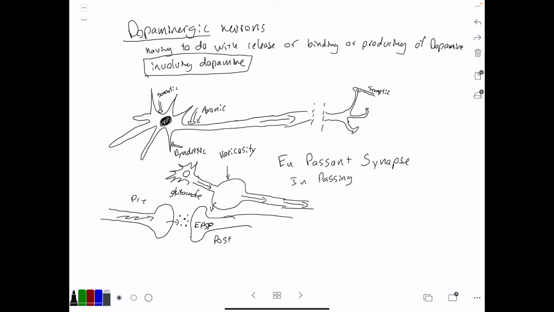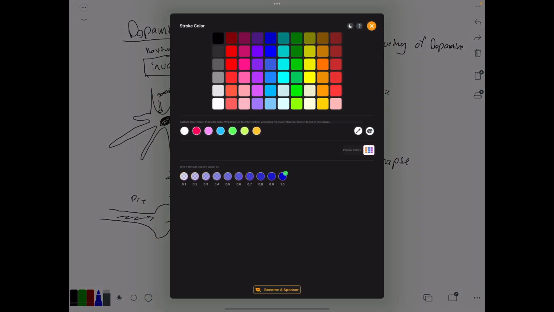And we see that dopaminergic neurons have these varicosities, right? So these dopamine neurons can release in passing, and there will be a membrane down here.